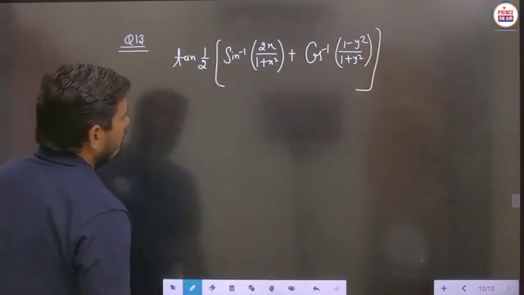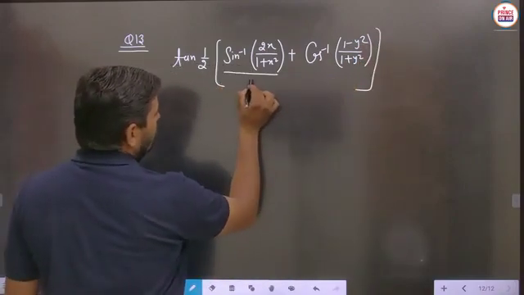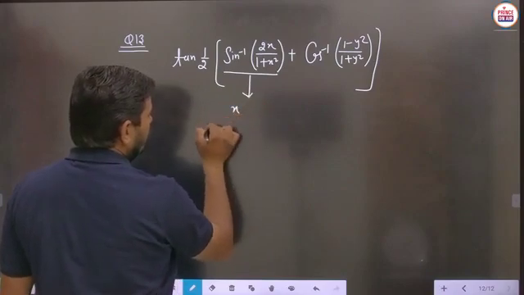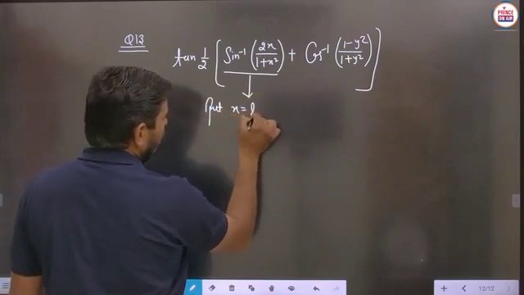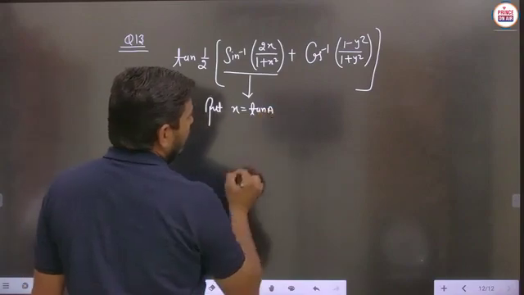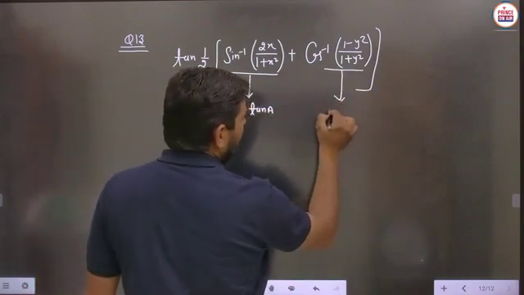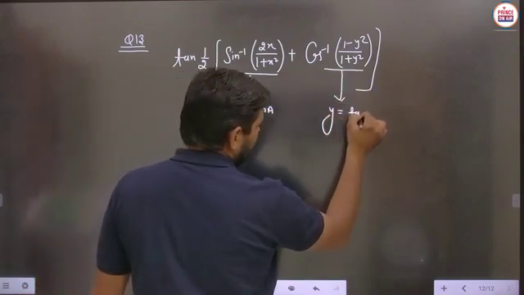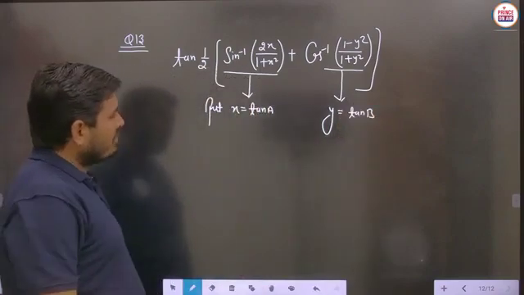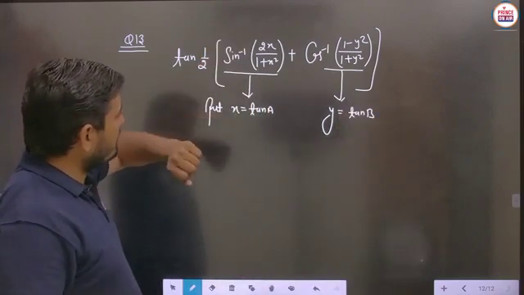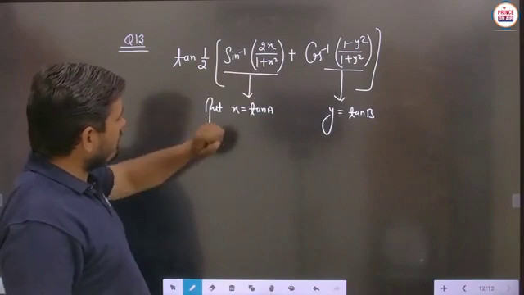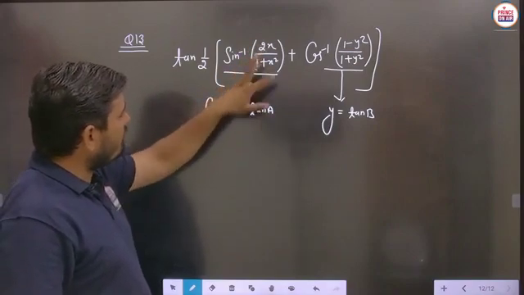Now first of all, for this part we have to put x equals tan a, and for this part we have to take y equals tan b, because we are checking the given expression inside this expression. Here 2x upon 1 plus x square. Suppose x is tan a, then 2 tan a upon 1 plus tan square a.